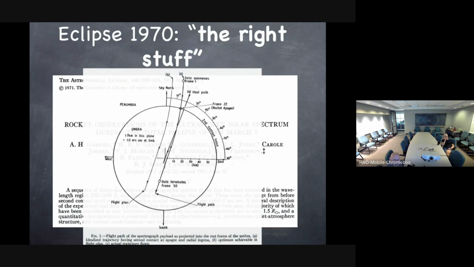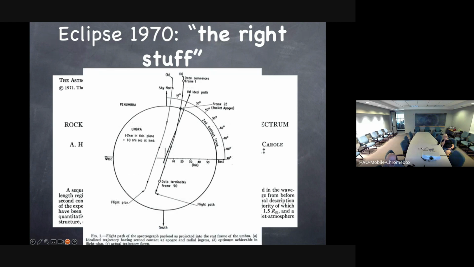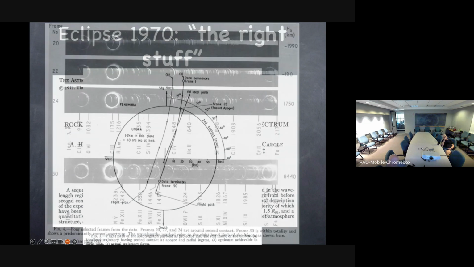Here are just some nice data showing you that there was an eclipse in 1970, and this bunch of maniacs, including my advisor and all kinds of interesting people from all over the place, Leo Goldberg, Garton, who is a famous laboratory physicist, etc. What they did was they shot a rocket across the path of the moon's shadow to get some spectra.